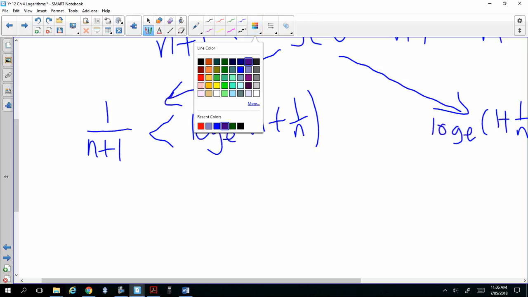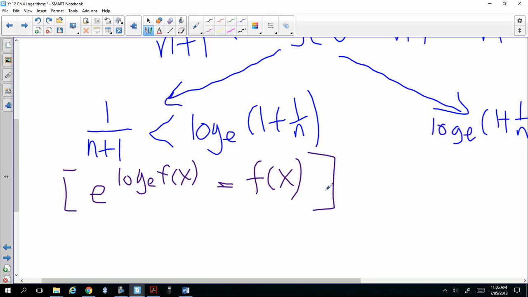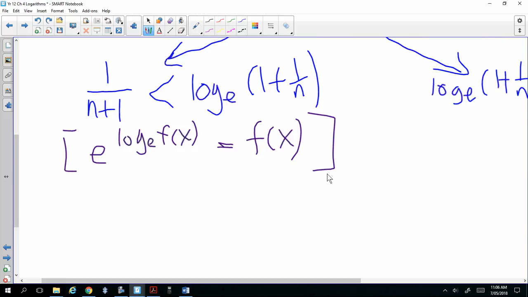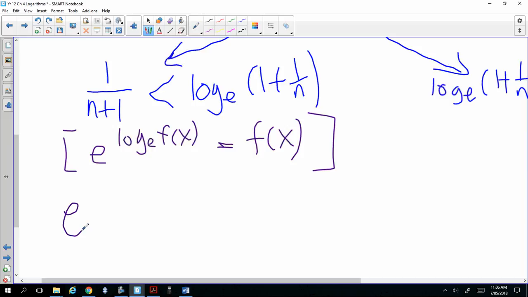So what we're going to do is get rid of the log. To get rid of the log, we have to exponentiate. So if we exponentiate both sides, we're going to do e to the power of 1 over n plus 1 less than e to the power of log base e of 1 plus 1 over n.